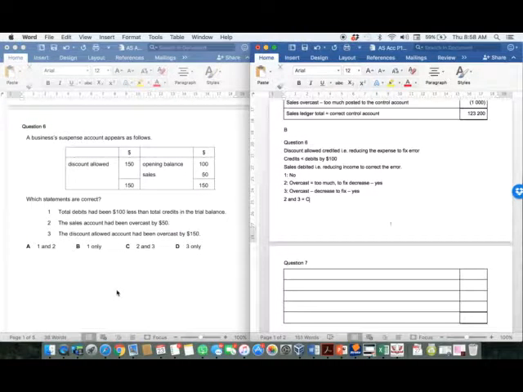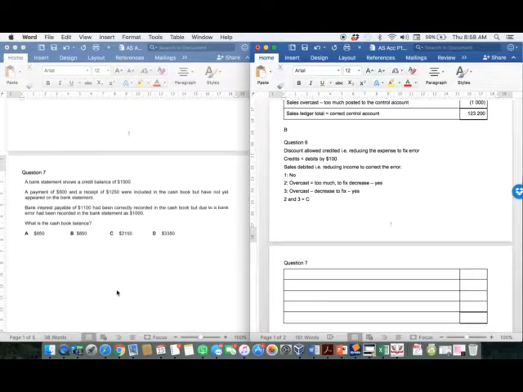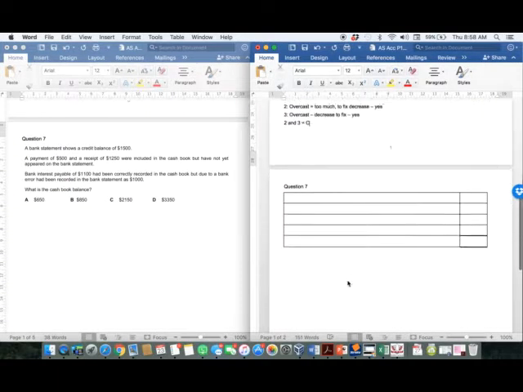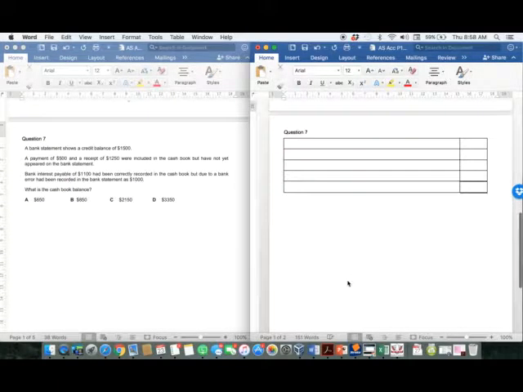The last question is question 7, which is a bank reconciliation. It tells us that the bank statement shows a credit balance of $1,500. So we can put in here our bank statement is always a good place to start. And I actually quite like doing a bank reconciliation in this order.